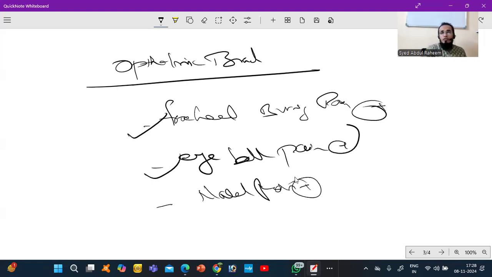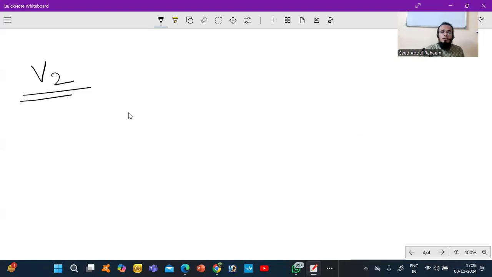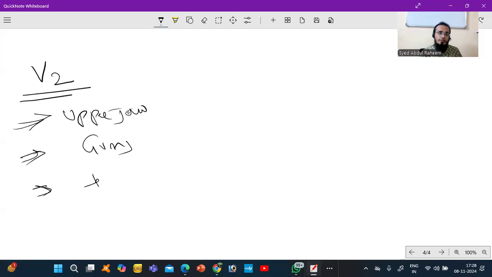So nasal pain is also one of the symptoms. What are the symptoms if the maxillary branch is affected? Basically, pain in the upper jaw, teeth, gums, and some sort of problem in the throat. So these are for branch number two.